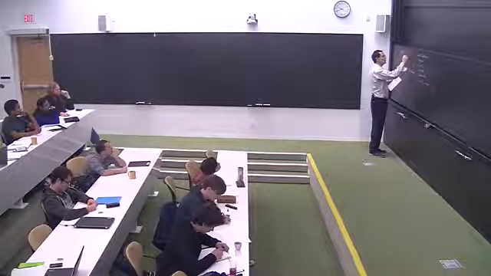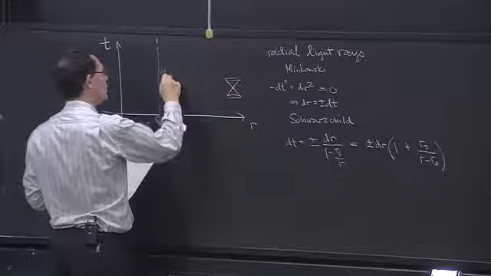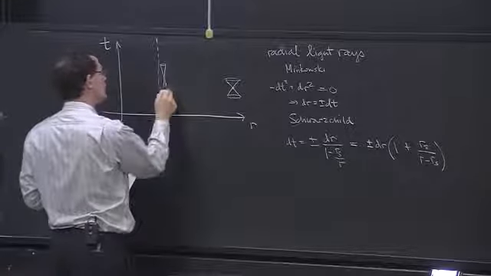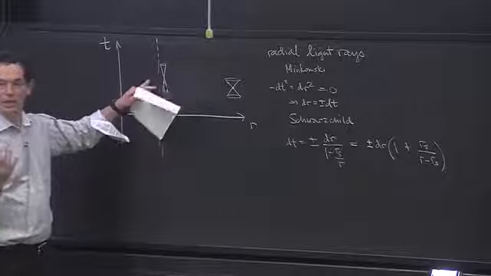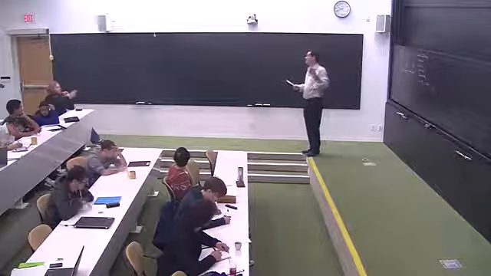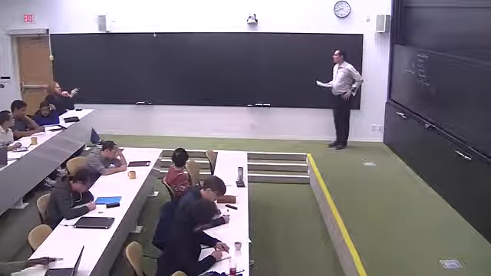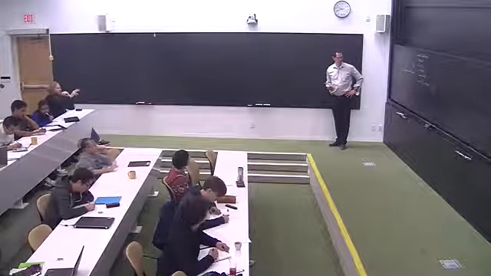So as I come in, the slope of the light cone in these coordinates steepens and the slope goes to infinity as we hit Rs. So the speed of light in these coordinates goes to infinity.